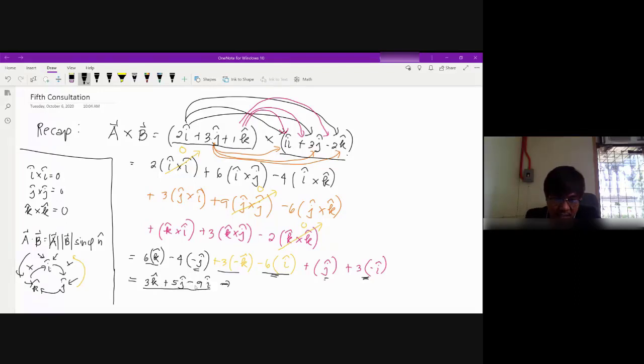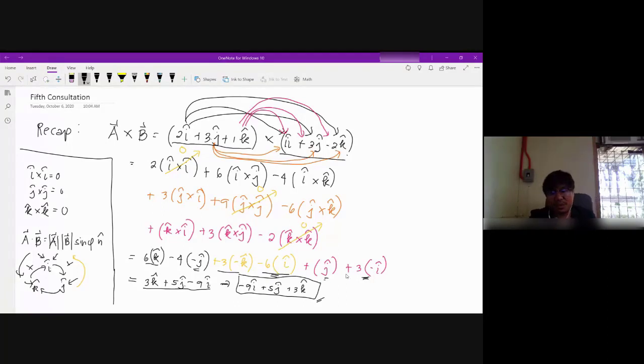This is x, this is y, this is z. So I will just rewrite it such that i hat comes first, and then plus 5 j hat and then plus 3 k hat.